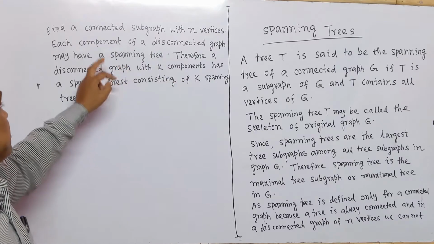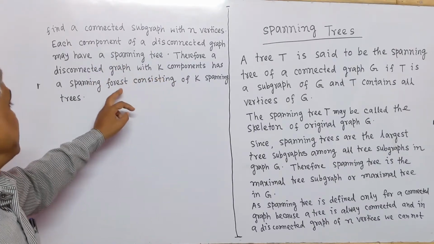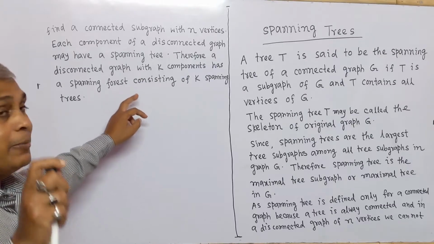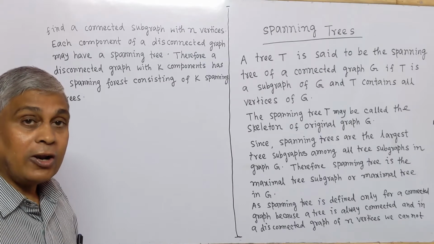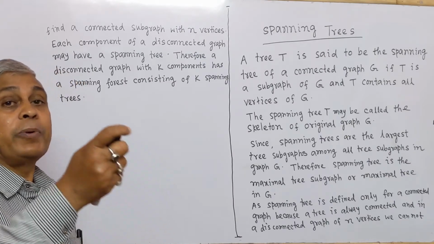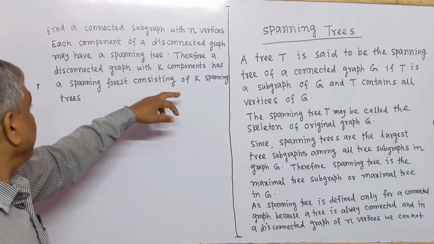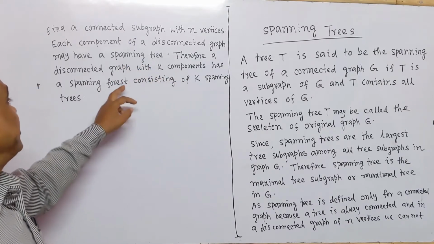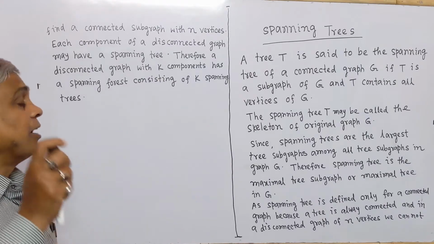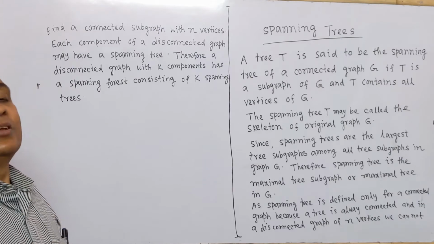Therefore, disconnected graph with k components has a spanning forest, collection of all spanning trees of components, and therefore a disconnected graph with k components has a spanning forest consisting of k spanning trees.